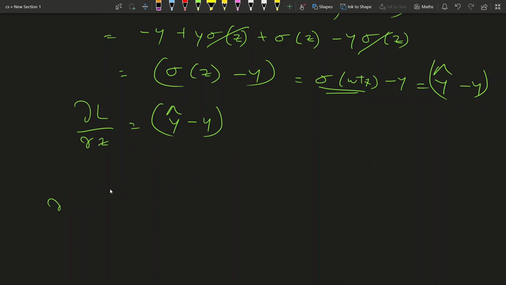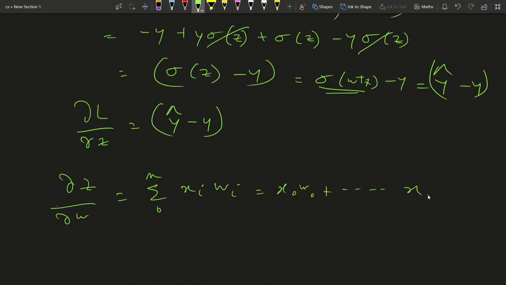That's clear for sure. Now next thing, we have to find out del z by del w, right? So del z by del w. This will be what? Summation of xi's and wi's from 0 to n, right? Small n, let's go for small n. Which means this is my x0 w0 plus dot dot dot xn wn, right?